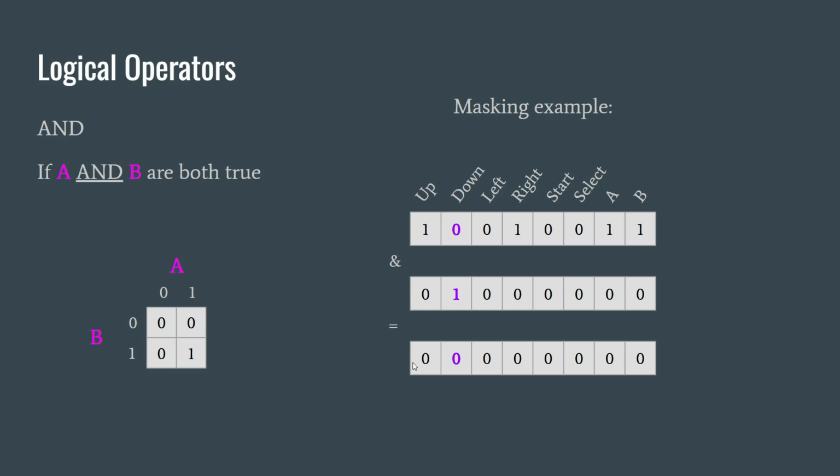And all the others are 0. So here, we could take this address, AND it with this value, and then if the result is 0, by checking the status bit, then we know that down isn't pressed. The result of the AND operation is going to modify the negative bit and the Z bit.